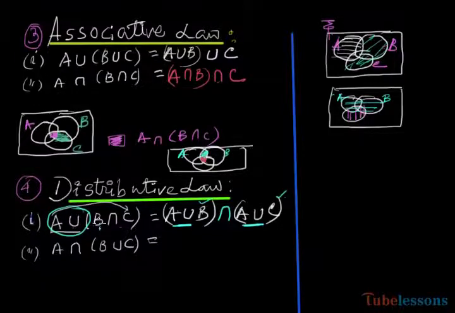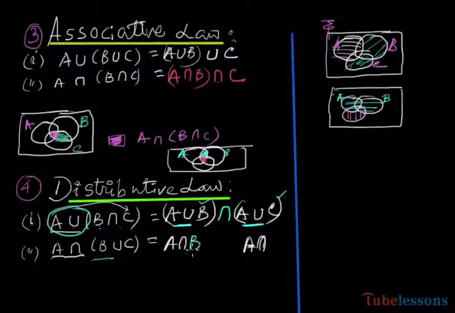Similarly, for A intersection (B union C), we write A intersection, then operate with B, operate with C, in the bracket, and then union.